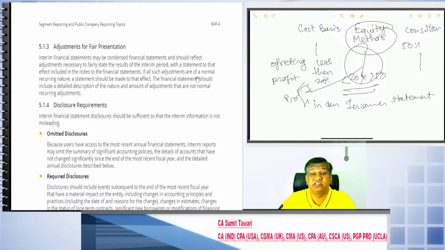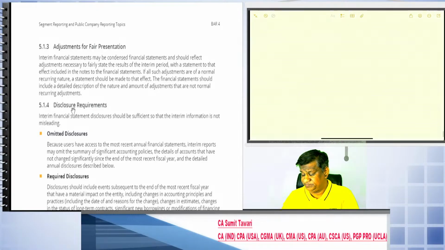If all such adjustments are of a normal and recurring nature, a statement should be made to that effect. The financial statement should include a detailed description of the nature and amount of adjustments that are not normal recurring adjustments. So sometimes what happens, there are certain entries which we do at year end only. Okay, but when we are issuing the interim financial statement, we can give the impact of that year end adjustment in the notes.